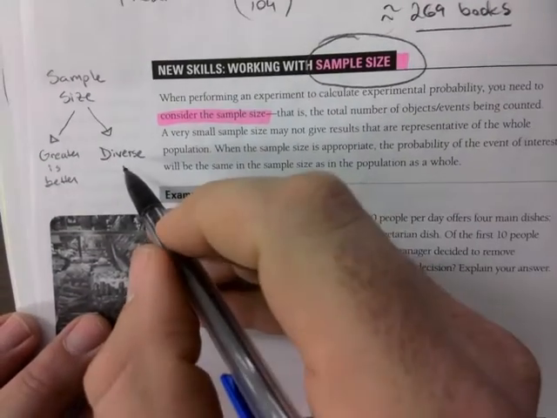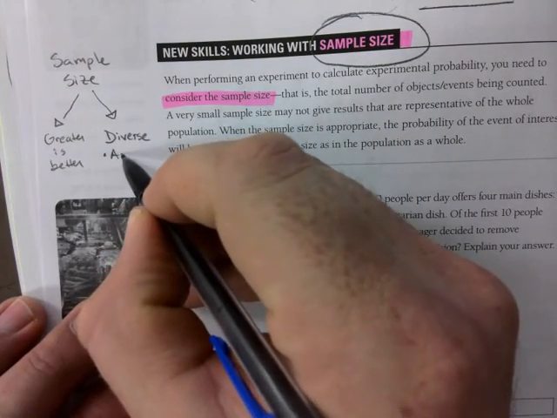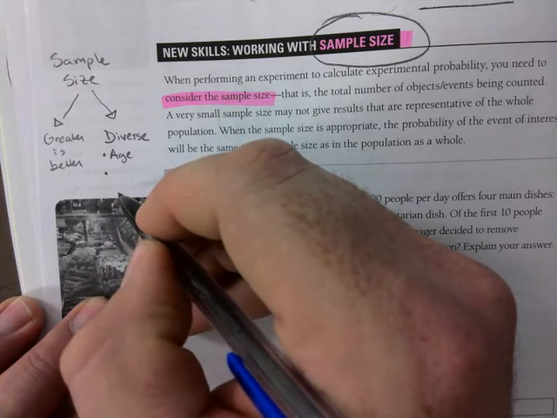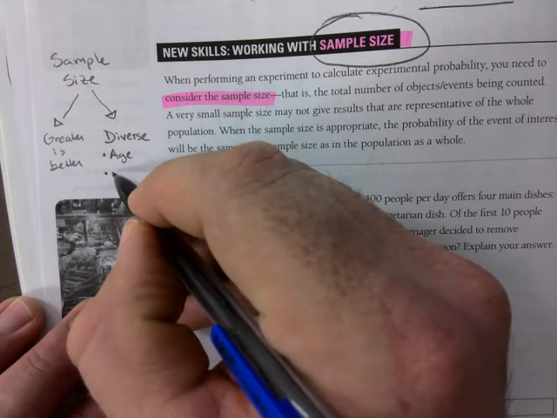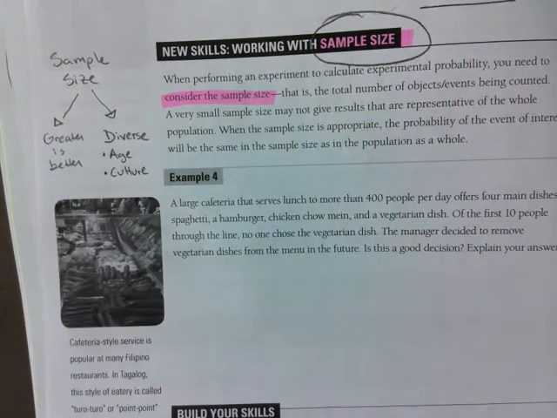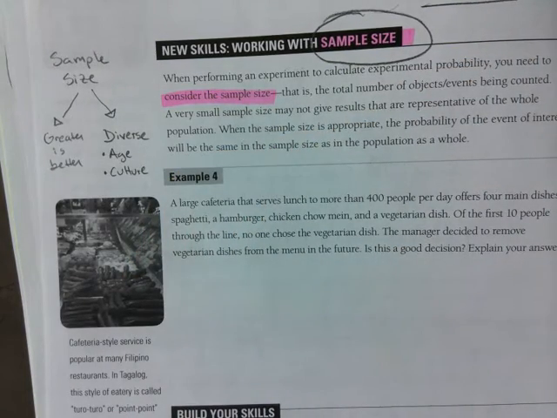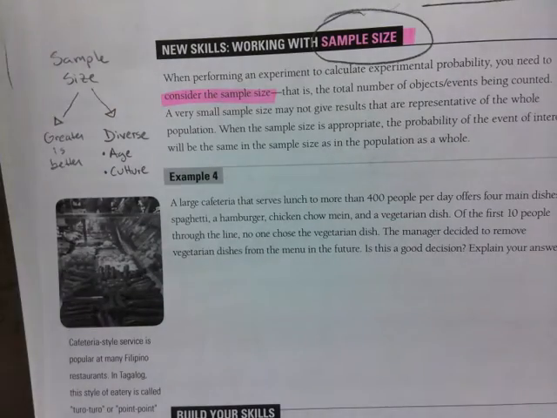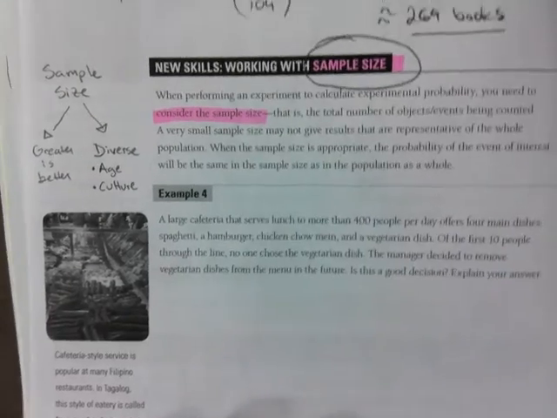So when it comes to diverse, right, you're talking ages, culture, etc., right? So that's something to keep in mind as well. So when it comes to sample size, you want it diverse and you want it as big as possible. Okay. All right. We're gonna skip those questions for now.